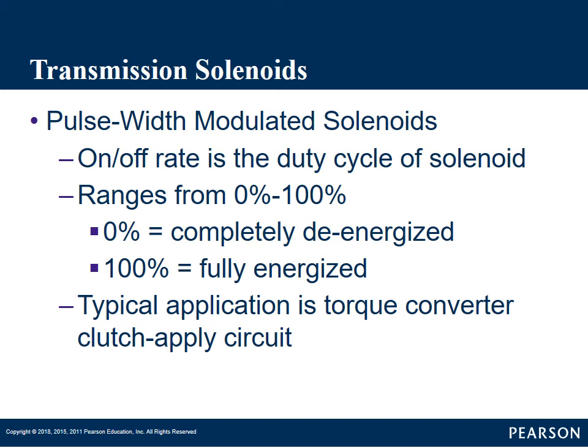Completely de-energized, it's 0%. Fully energized, it's 100% duty cycle. And then it'll range somewhere in between, depending on the load and the speed, depending on how much fluid pressure or fluid flow they want going through that solenoid.